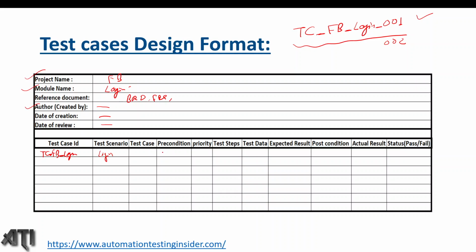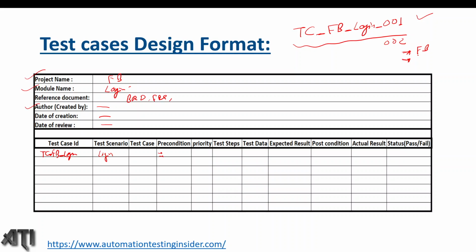And what is the precondition? The precondition is nothing but the application requirement that should be met before we execute the test case, right? So what are the preconditions for this one? The site is up and running, the FB page is up and running, and the user should have a username and password.